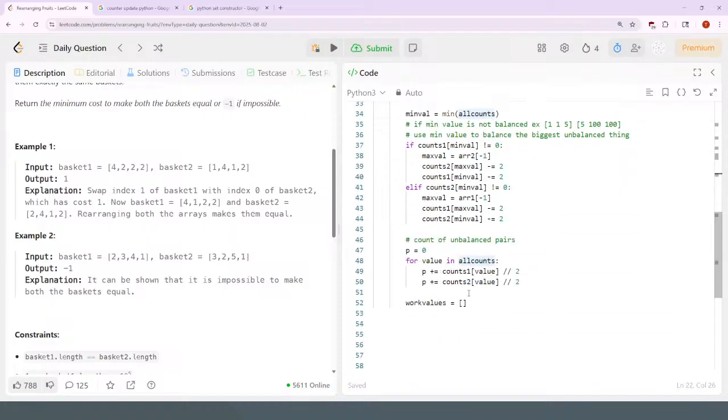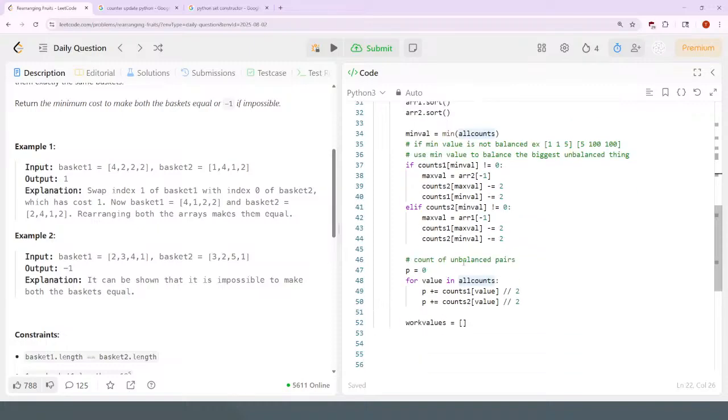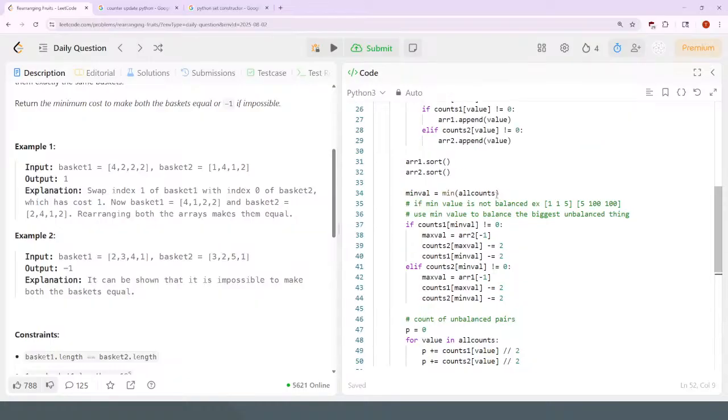Yeah, I need to go through the sorted version of all counts. Minimum of all counts, not keys.